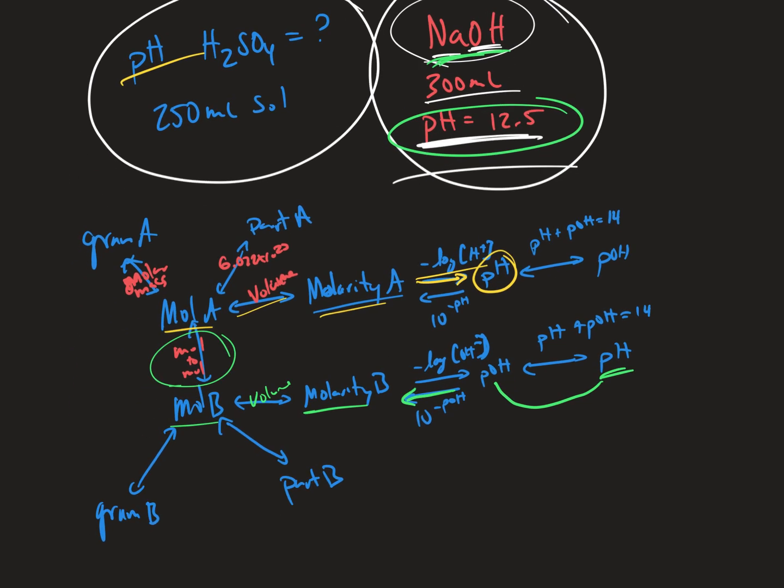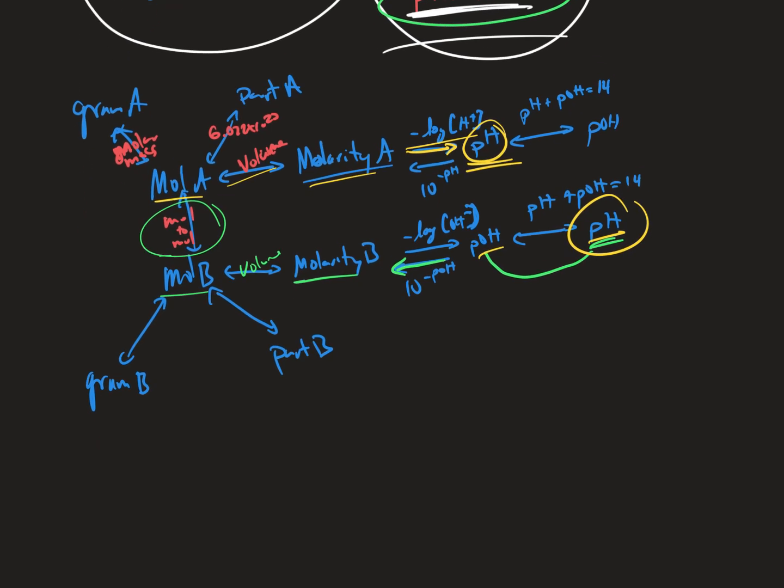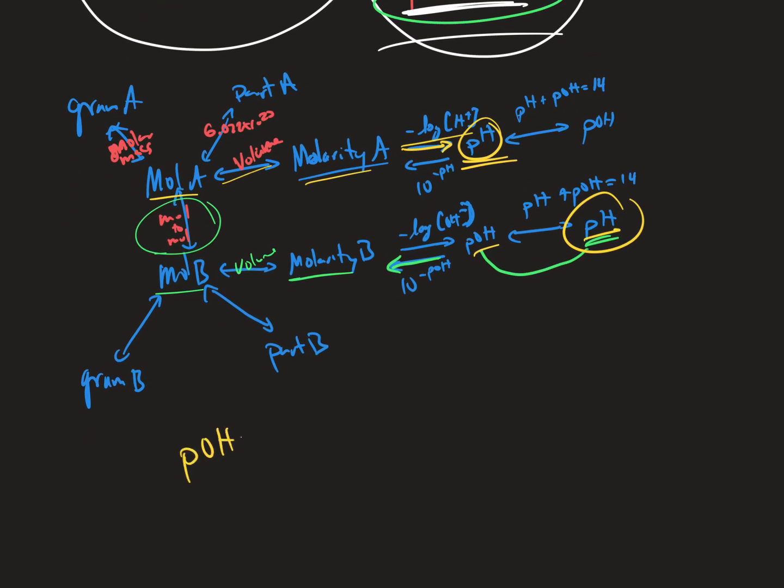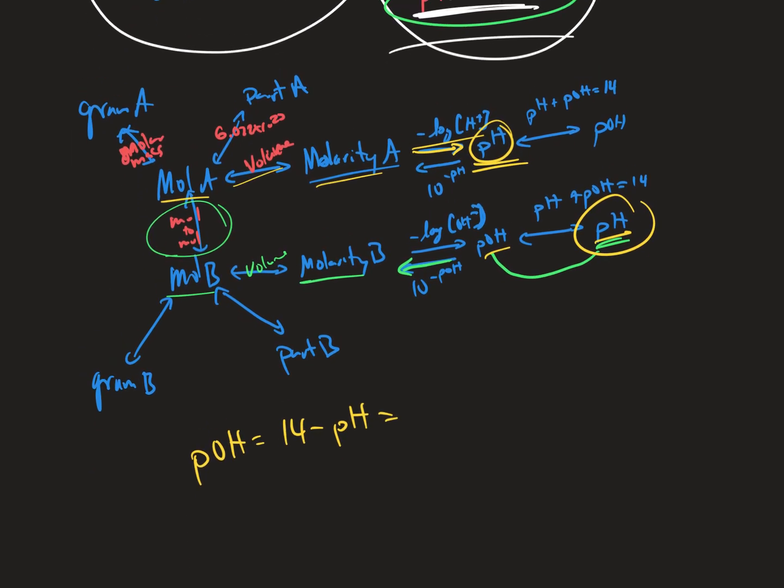Okay, so I just mapped out a plan to get there. So I started here and ended here. So I have the pH of a base, so I need to find the pOH, right? And pOH is 14 minus the pH. So in this case, it's going to be 14 minus 12.5, which is 1.5. You with me? Okay, now I have that.